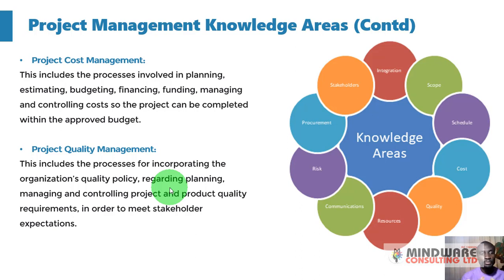So you need to put processes in place to ensure that at the end of the day, the quality is maintained. And apart from that, the organization has its own quality policy. So you have to ensure that the quality policy of the organization is adhered to in producing that particular product or carrying out that project.